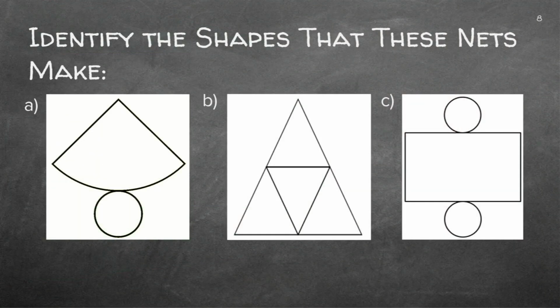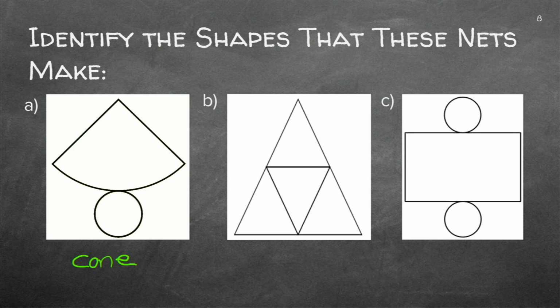So this is easy. The first one is just a giveaway. Can you still remember? What shape can this net make? What shape can the first one make? It is a cone. And the second one, remember, it's a triangle and it is a pyramid.